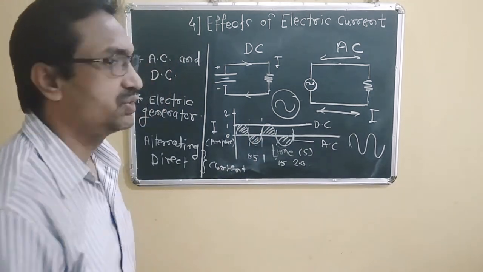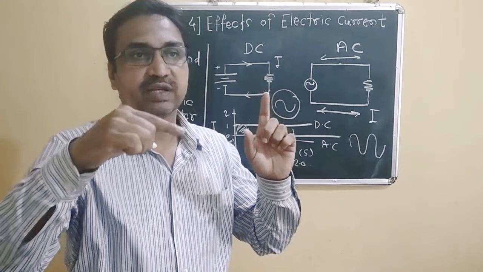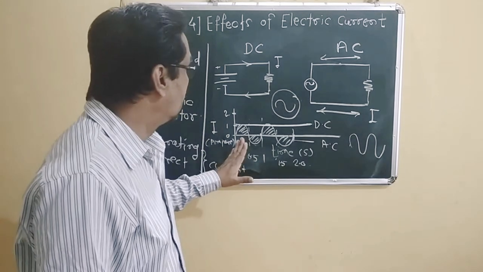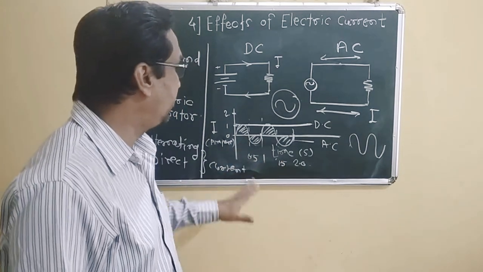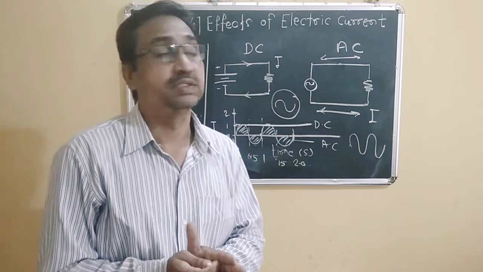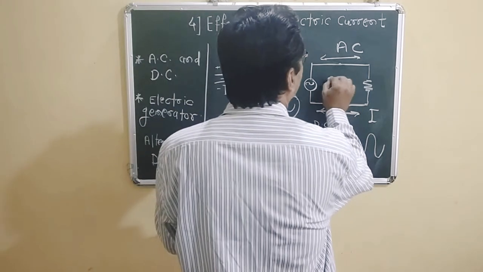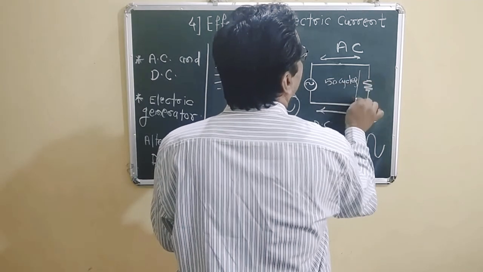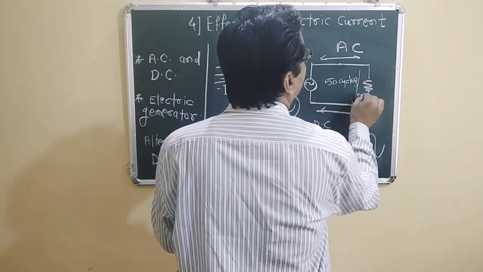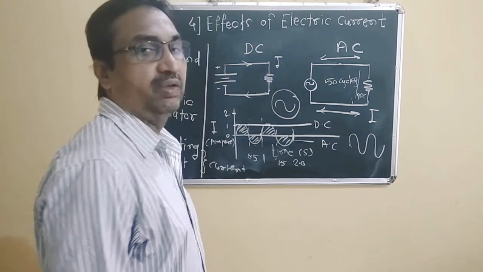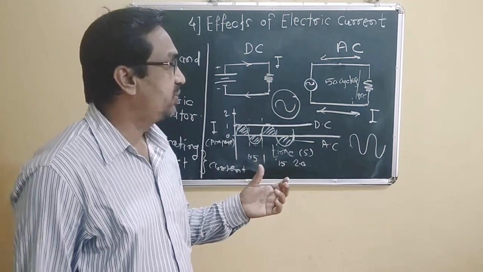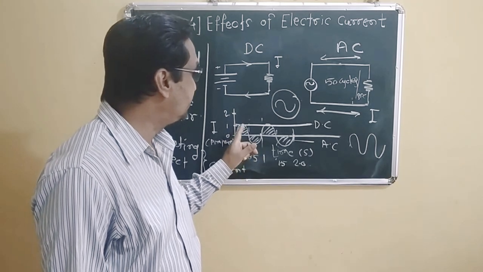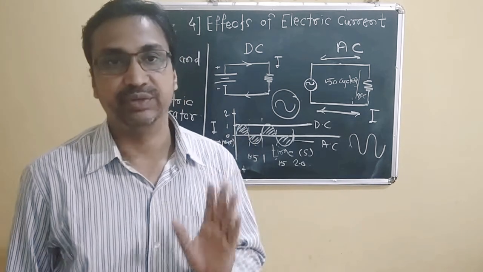In this way, these are the cycles traveled in alternating current, and we can find here 15 cycles per second. In 1 second, alternating current changes its direction as well as magnitude 15 times.